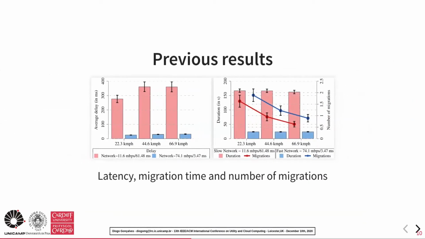In general, we can see in the left plot that faster users present higher latency compared with the original dataset. That problem is even worse if the users are accessing a slow network. That can be justified if you look at the number of migrations in the second graph, represented by the red and blue lines.